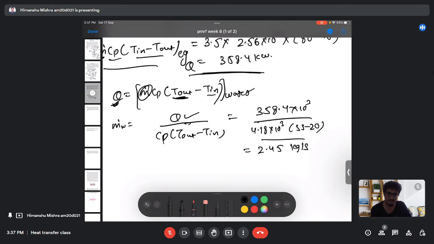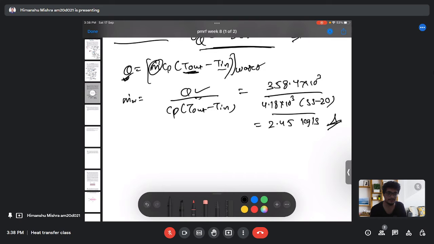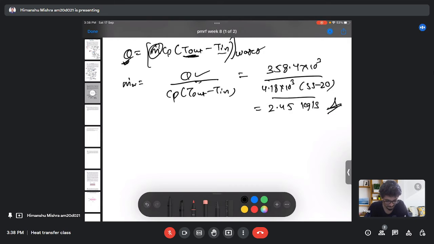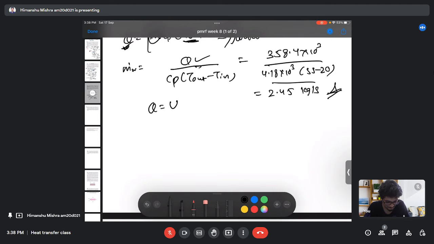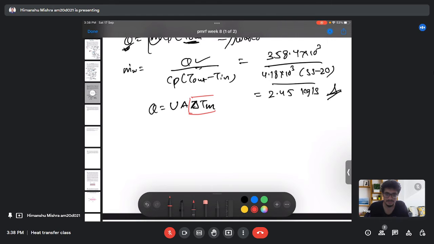So we first found the heat transfer, and in the second part we found the mass flow rate. Now we need to find the area of the heat exchanger. Likewise, as we did in the previous question, we will use the relation, and we first need to account for the log mean temperature difference, and then we will find the area of the heat exchanger.